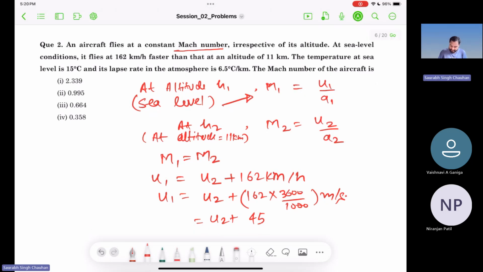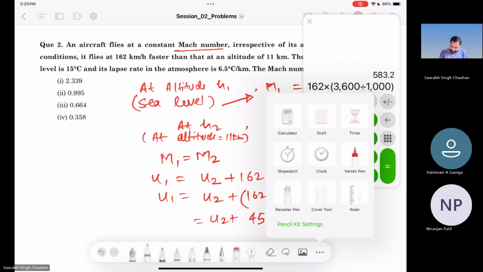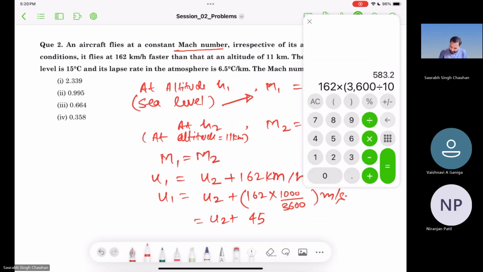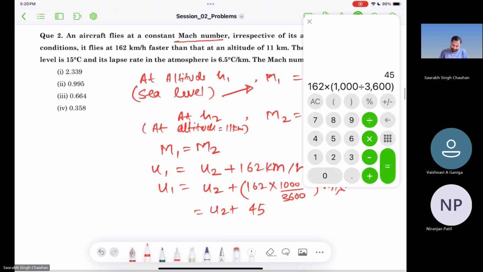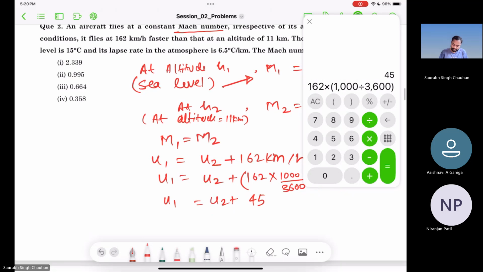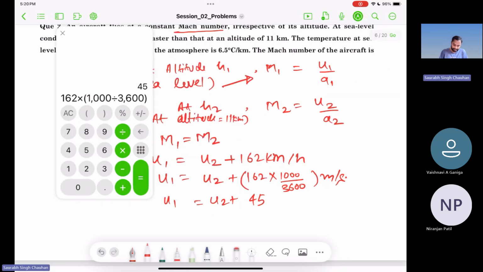It should not be 3600 by 1000. It should be upside down. It should be 1000 divided by 3600. We are converting from kilometer per hour to meter per second.